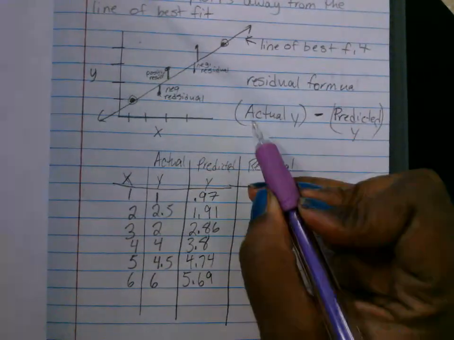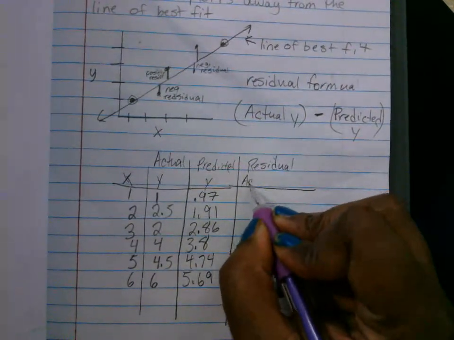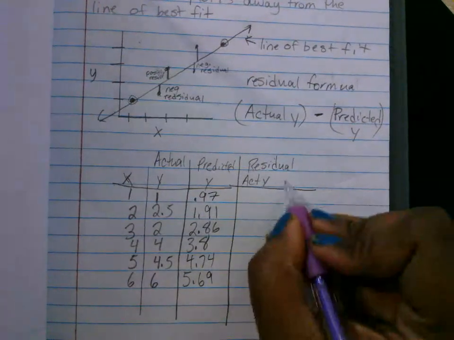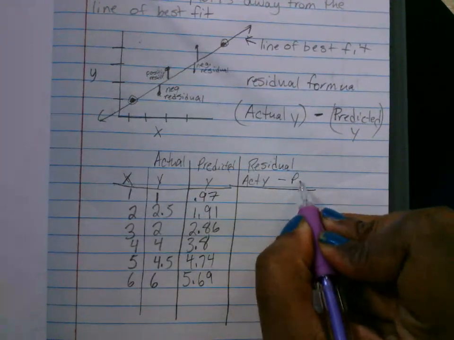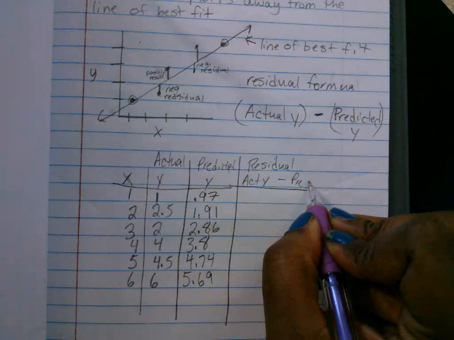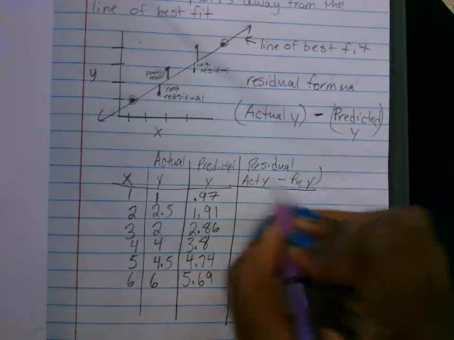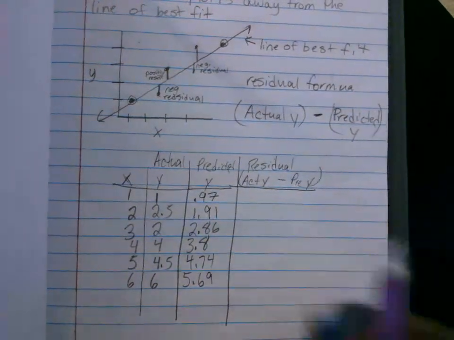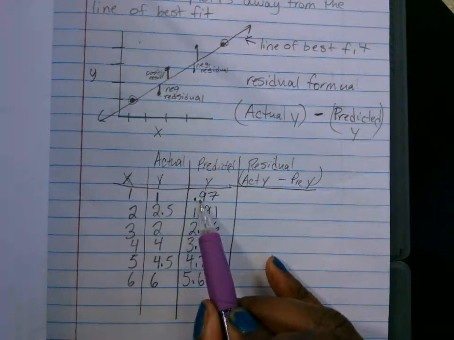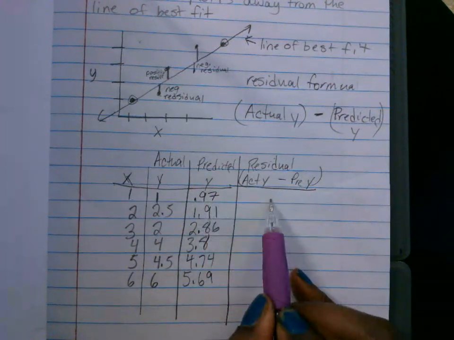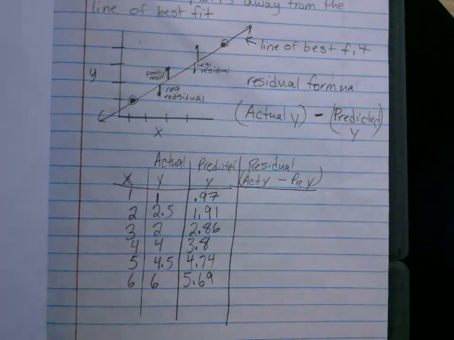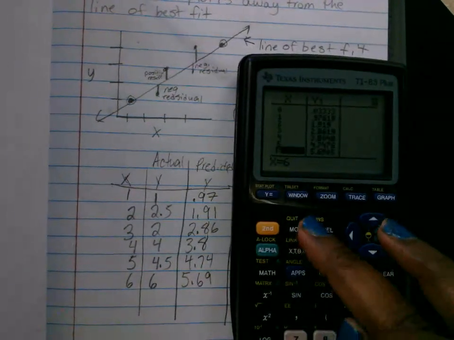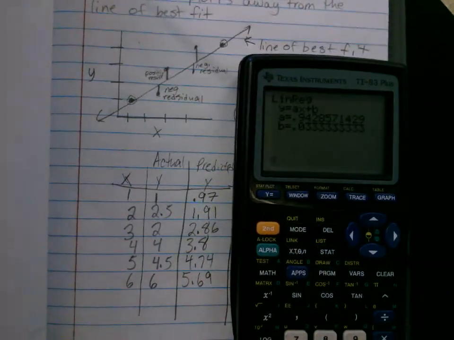The residual formula is your actual y minus the predicted y. I'm abbreviating, okay? So I'm going to subtract these two from each other. This minus this will give me my residual. And that's how I get it. So let's go to my main screen. Second mode will take you to your main screen.